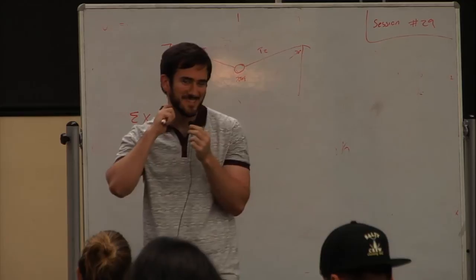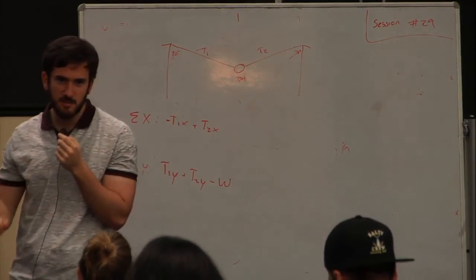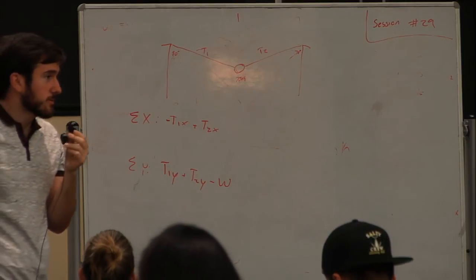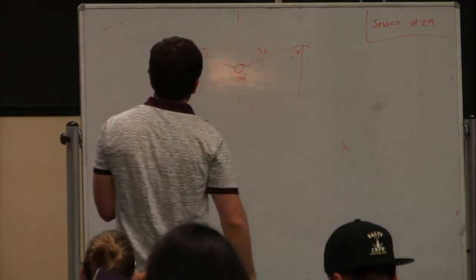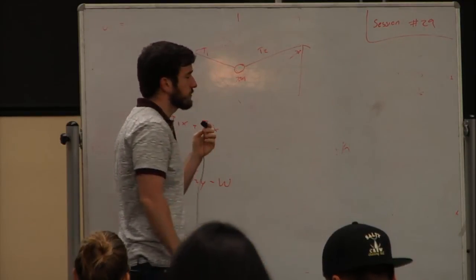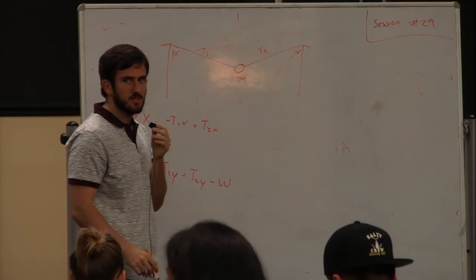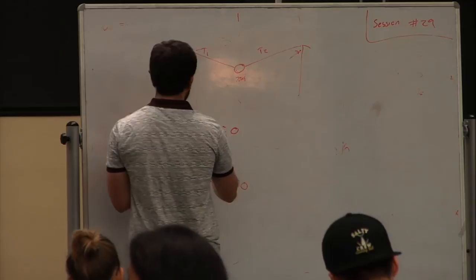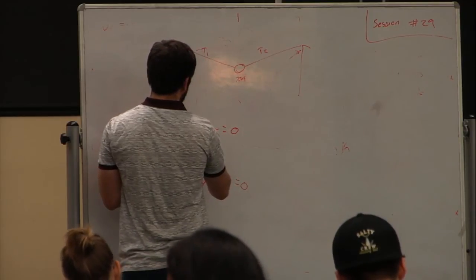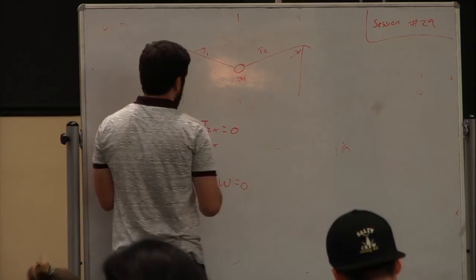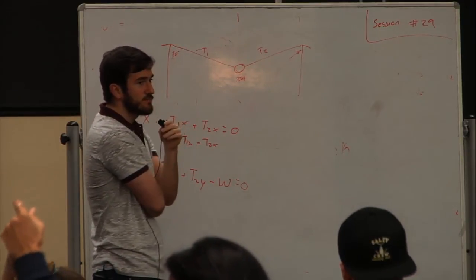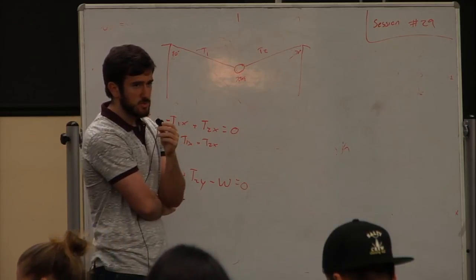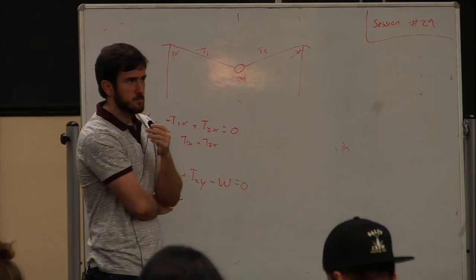Now if I want to break that down even further, how am I going to do that? What's the next step after I wrote this out? Well, I want to solve for the x and y components of tension, right? So I'm going to find the x component of tension. To do that, I have to break it up into its triangle.